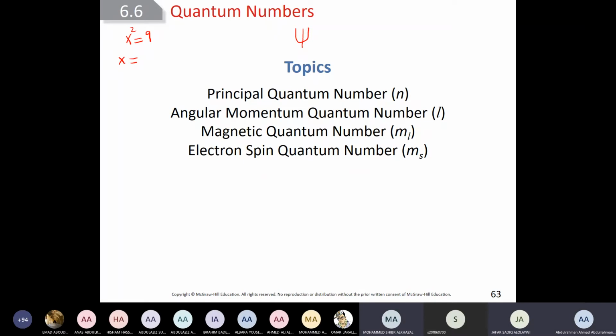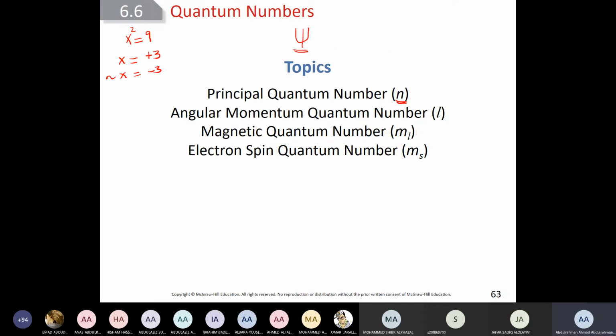Two solutions: plus 3, or x equals minus 3. Is this clear? So by solving the equation, you will get many answers like this. That's exactly what happened with Schrödinger. They started solving the equation when n equals 1, 2, 3.